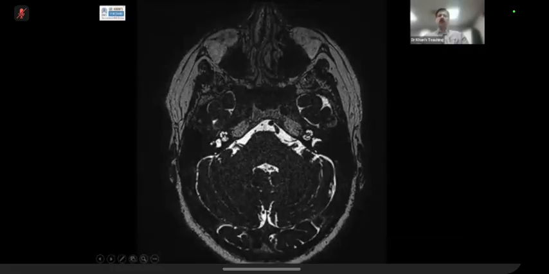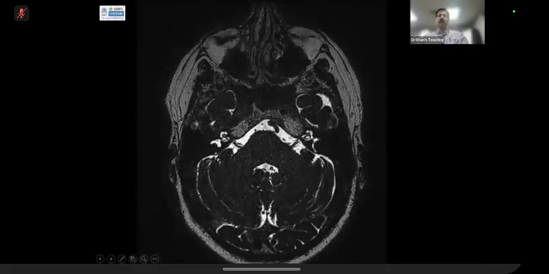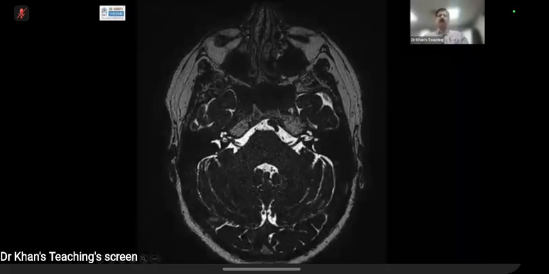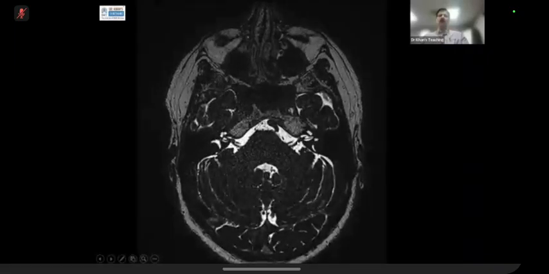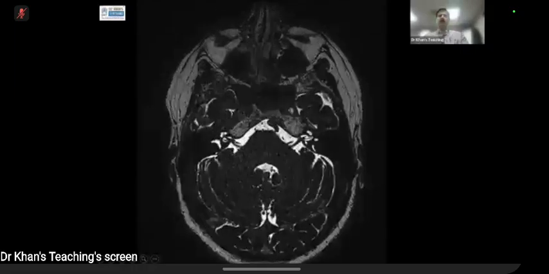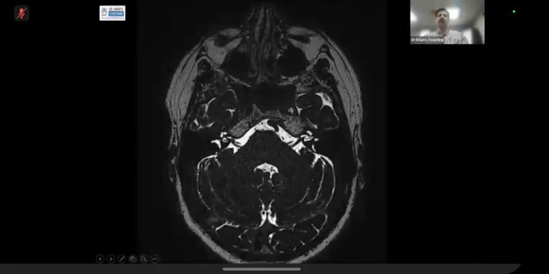If you see here, this is a bit of a repetition, nothing much. I'm sure you already know it. This is that flower, and from the flower, which is the cochlea, you can see this nerve going here. If you trace it backwards, it joins these nerves. On an axial sequence, you cannot make out which is the superior vestibular and which is the inferior.